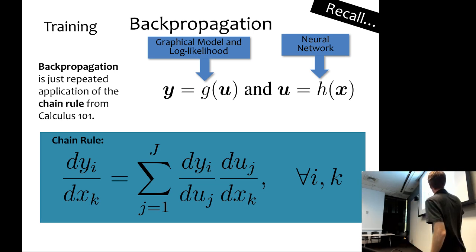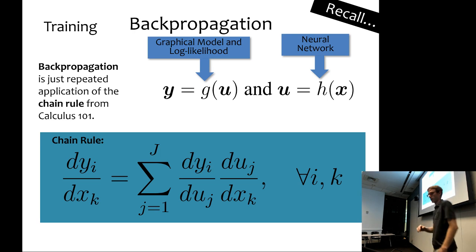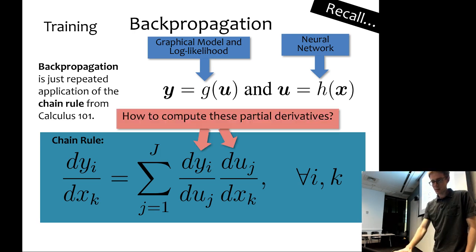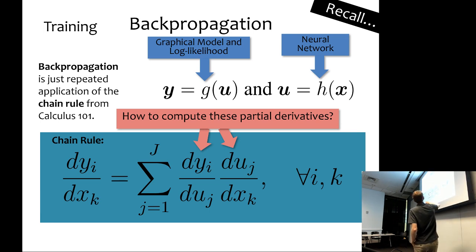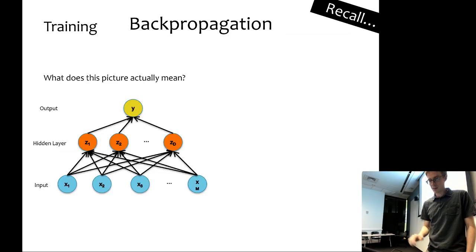The chain rule allows you to combine these together. Then you just need to figure out how to compute these partial derivatives. For the neural net partial derivative, we're going to use a convenient automatic differentiation library like PyTorch. And for the graphical model, we just did it on paper and you could go and implement it.